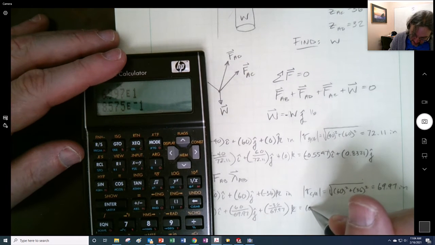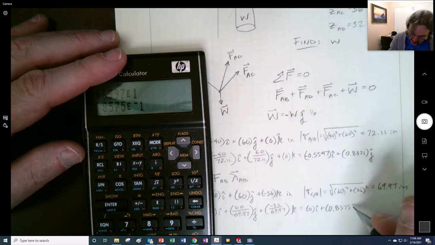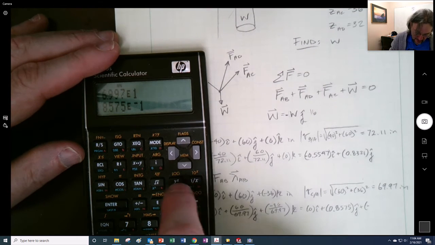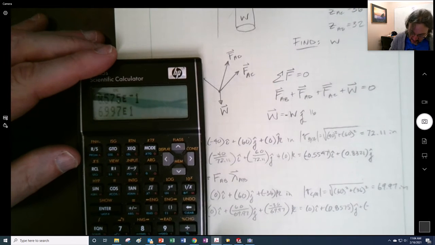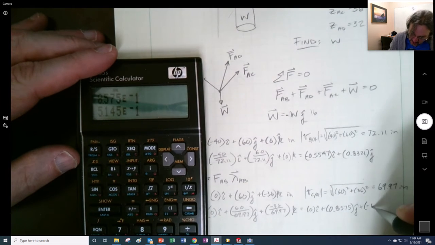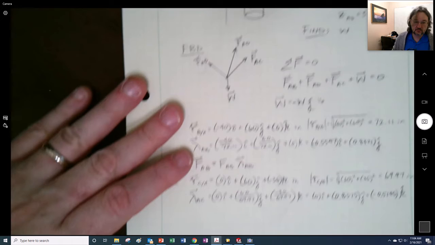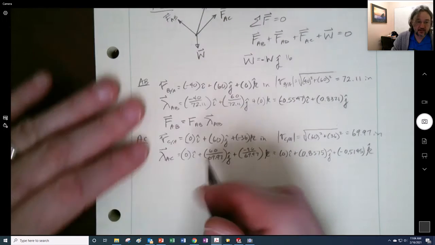So we're going to have our 0 I plus our 0.8575 J, and then our negative, don't forget it's negative, and flip those around to take my 36, divide, inverse, negative 0.5145 K. I think they got in there, right?